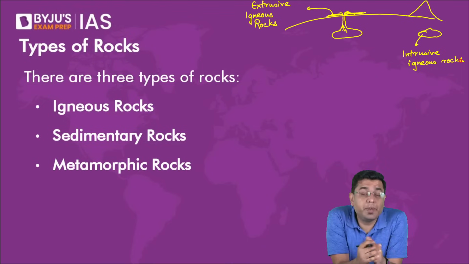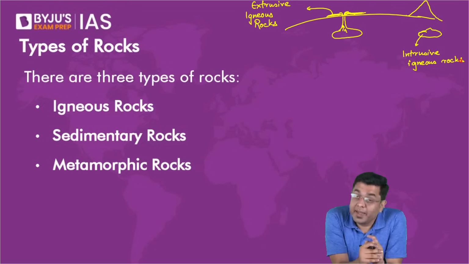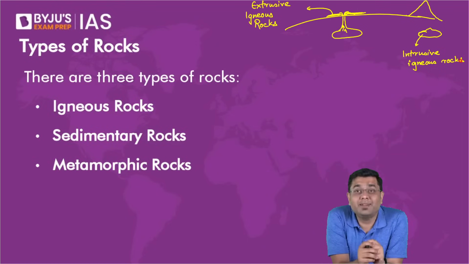And that is how the rocks would be created. So, whenever a new landmass is created, it is always in the form of igneous rocks. That is why igneous rocks are also known as primary rocks, the first kind of rocks, the basic kind of rocks which have been created.